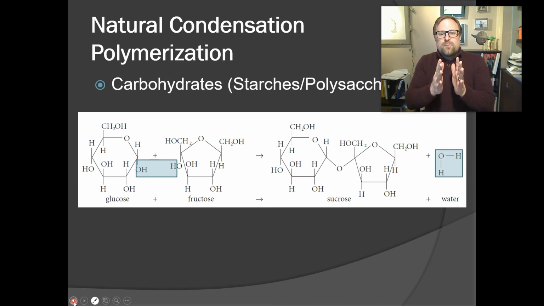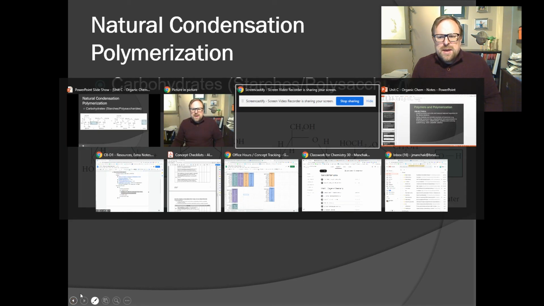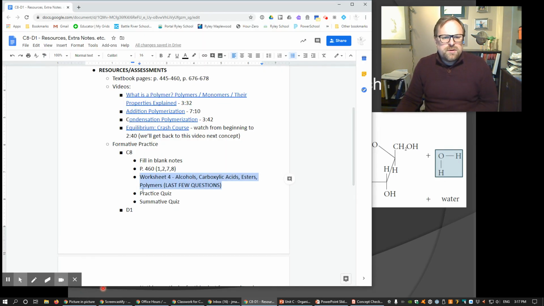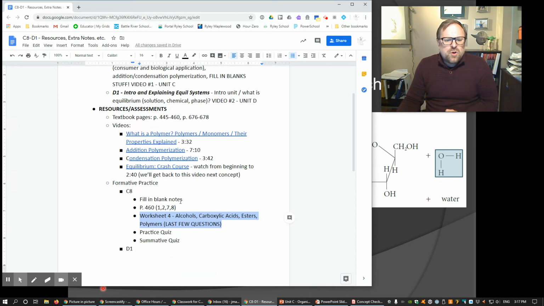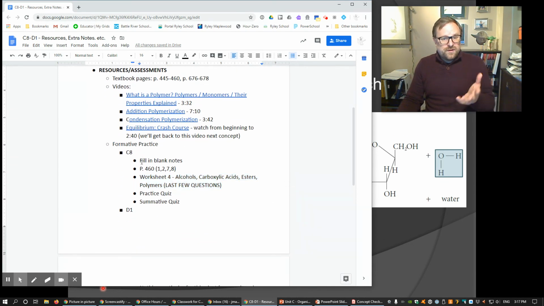Okay. Just a couple of things to remind you of, and I'm just going to quickly tab back to where I was before. So just remember, please, that we are working our way through C8 here, but you still have D1 to do this week as well. It's going to be as short, if not shorter, than my explanation right here. Don't forget to go in and do your fill in the blank notes.